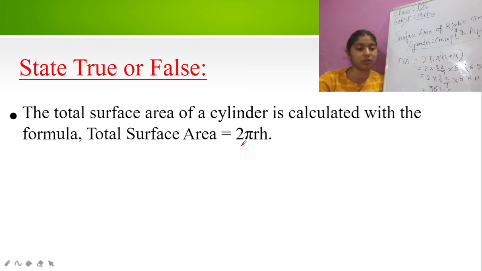Now students, you have to state true or false. How will you know whether this is true or false? For that you have to read the statement, right? So the total surface area of a cylinder is calculated with the formula total surface area equal to 2 pi RH.